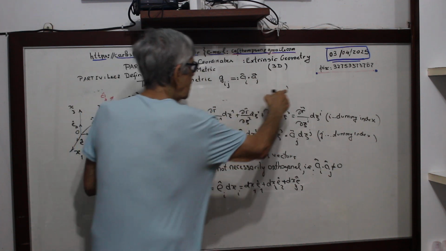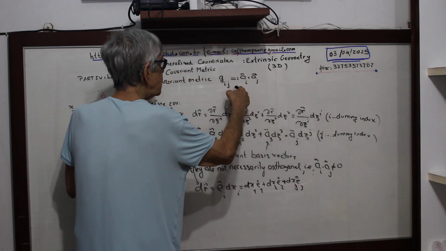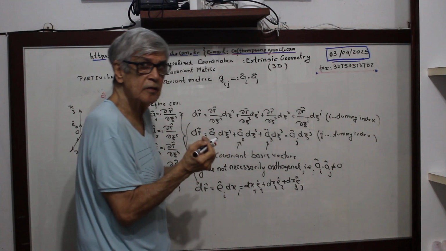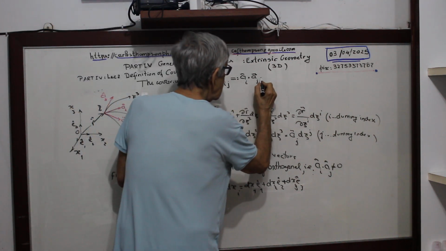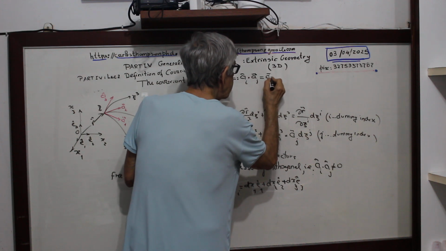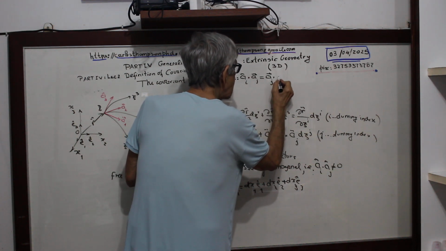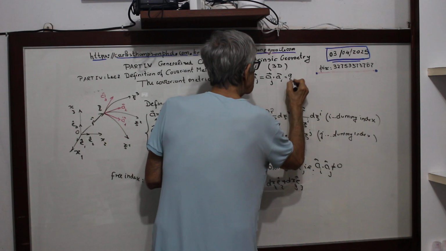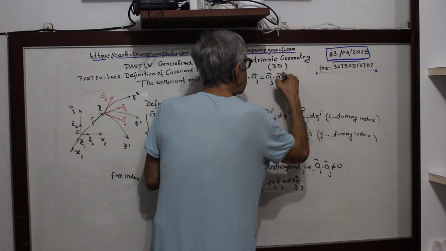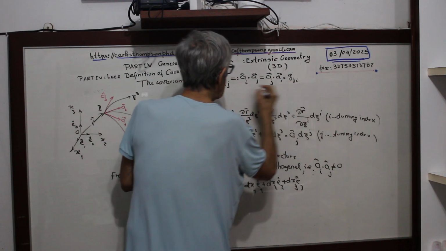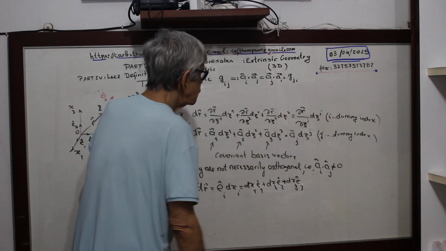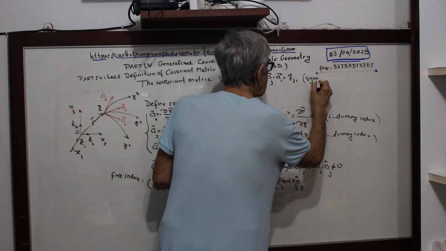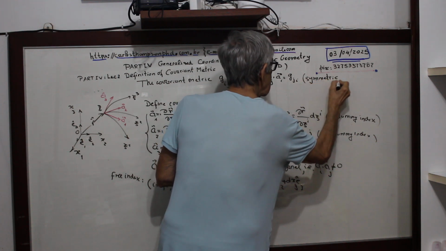You see? In R3, I can represent this as a matrix, a 3 by 3 matrix. Attention now, this is equal to Aj dot Ai. So this is equal to Gji. You see? Gij is equal to Gji. Okay? That's what I say. This is symmetric.